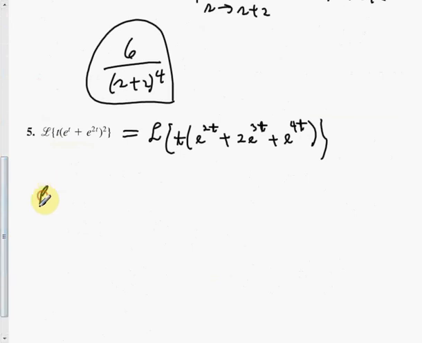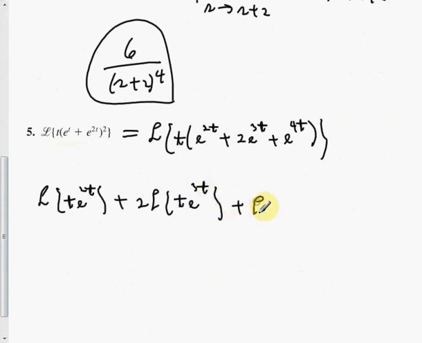So I look at these transforms individually. This is the Laplace transform of t times e to the 2t, plus 2 times the Laplace transform of t times e to the 3t, plus the Laplace transform of t times e to the 4t.